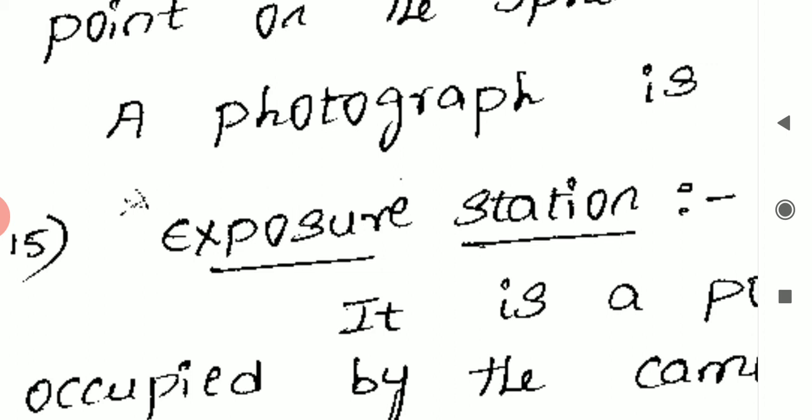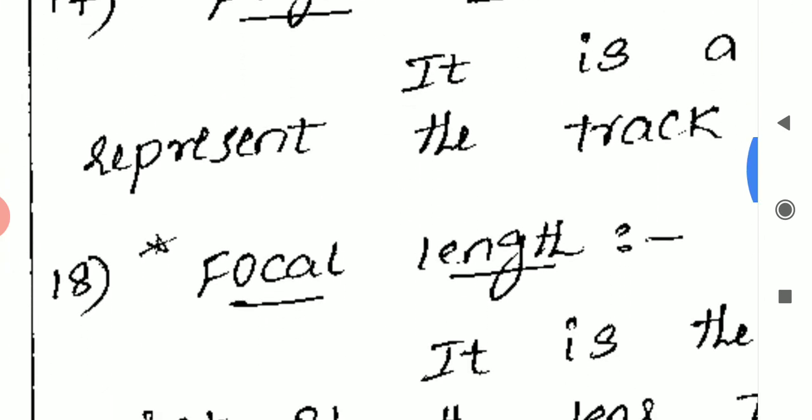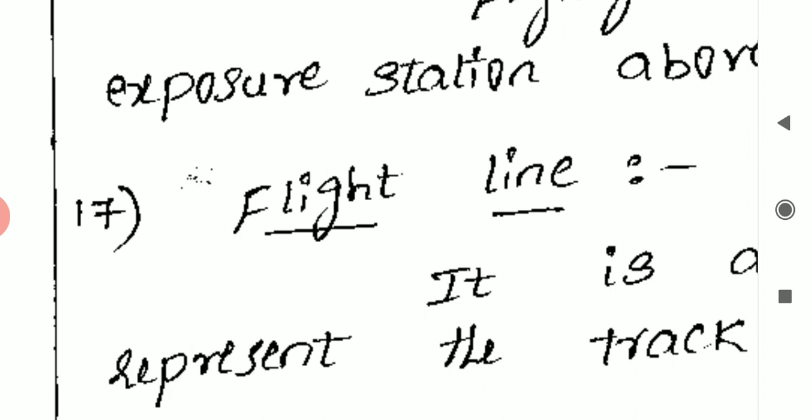And flying height: the camera reaches some height, and that is nothing but the elevation of the exposure station above sea level. And flight line is a line drawn on a map to represent the track of the aircraft.